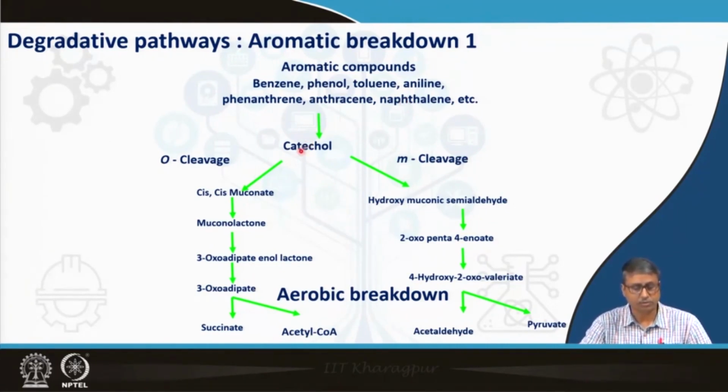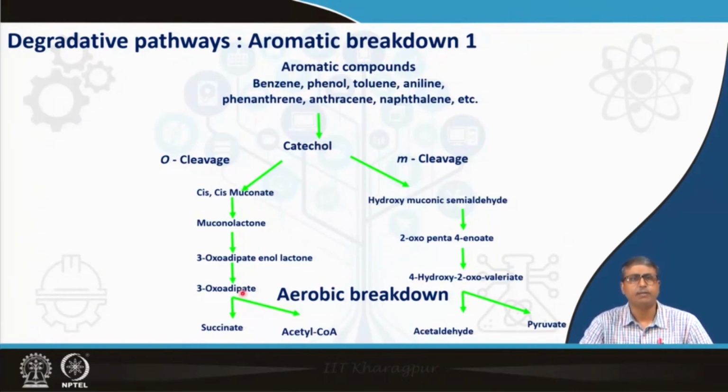This catechol will undergo 2 types of oxidative or biodegradative process. One is called ortho cleavage, another is meta cleavage. It depends on exactly where the catechol ring structure is broken, the location of the ring cleavage.